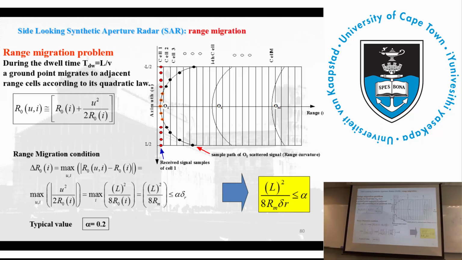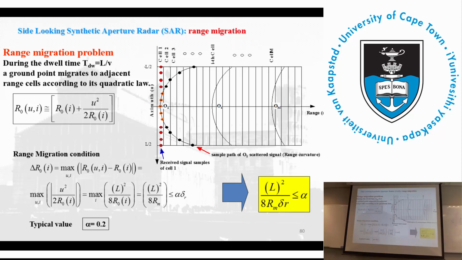So this is the approximated version of the actual range migration. And this is, again, our Taylor expansion, stopped at the second order, which is quite good up to certain limits.